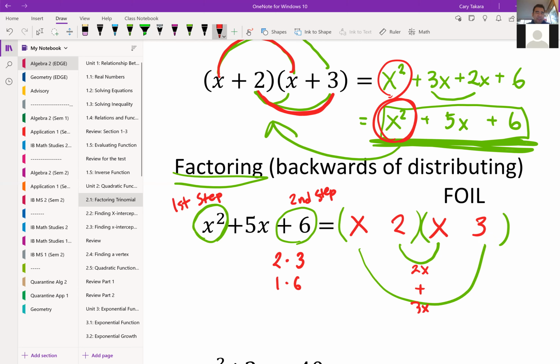Now, if you add them, will you get the middle term, 5x? And it does, right? So you just factored it. It's x plus 2 times x plus 3.